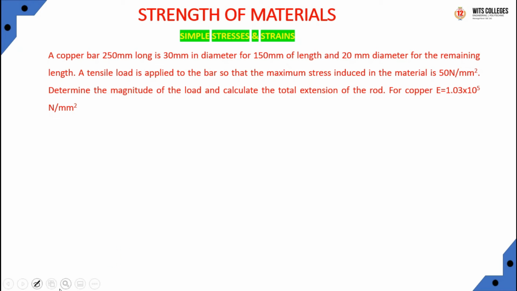So, the given problem is a copper bar that is 250 mm long, 30 mm in diameter for 150 mm length. So the total length is 250 mm, of which 150 mm is 30 mm diameter, and the remaining 100 mm is 20 mm diameter.